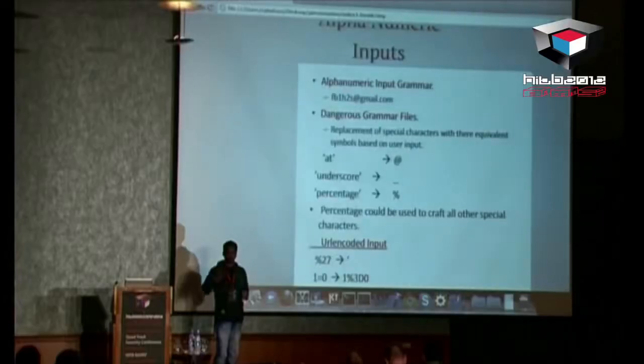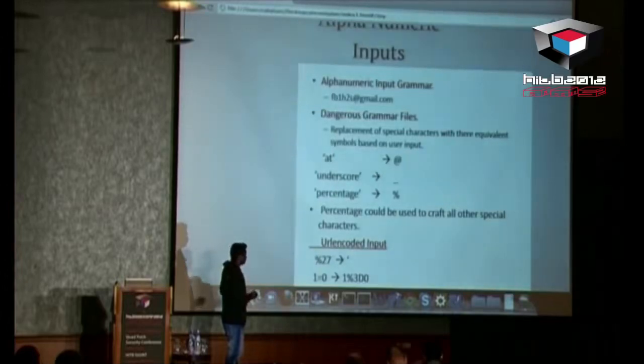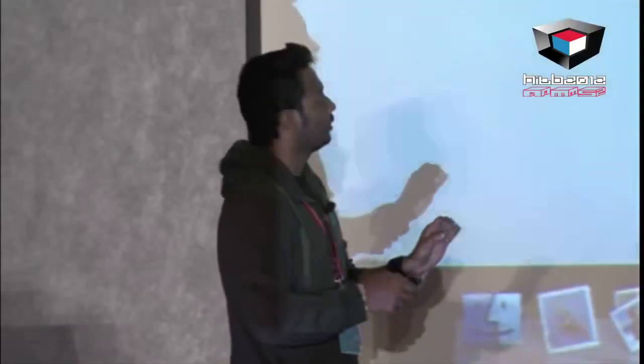So if you have to build an application which supports alphanumeric input, we have to split it down. That means I'll have to spell out the user ID. The program has to take my words one by one and put them together. So I'll say F, B, H, then 2, S, at gmail.com.